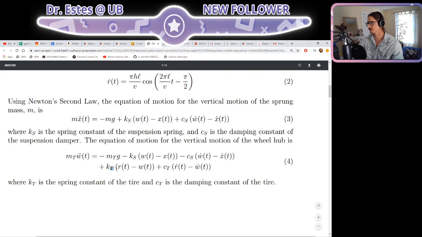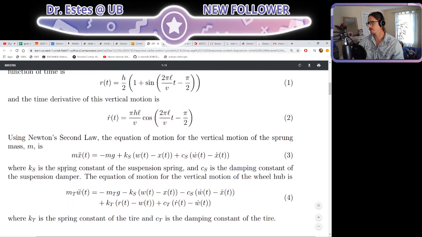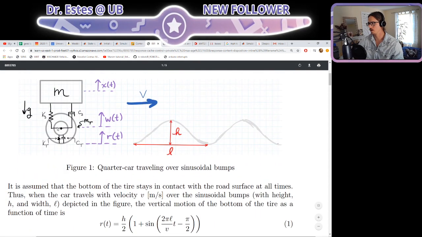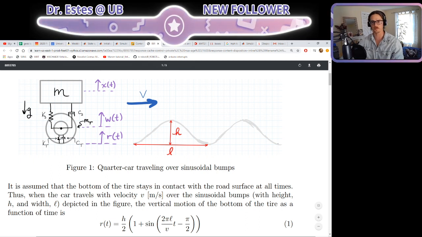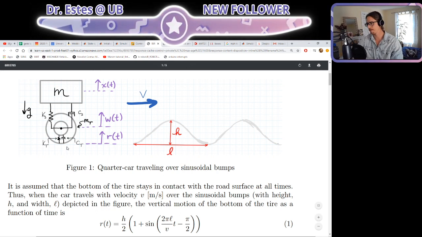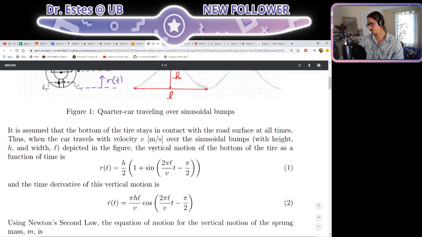So I have the stiffness of the tire and the damping coefficient of the tire. So this expression is longer because the wheel hub has these springs connected to it and also the tire springs are connected to it. So it has forces from all of those different components at once.